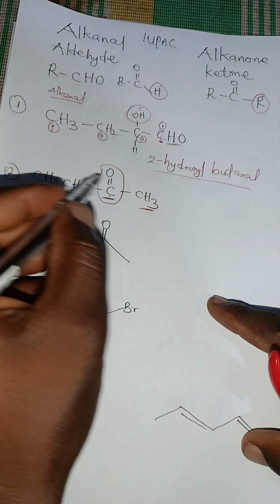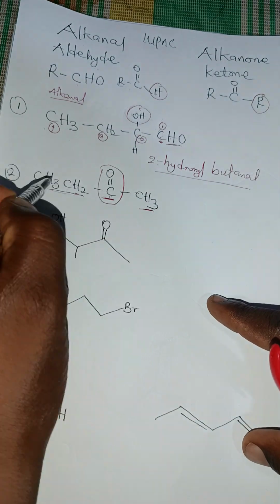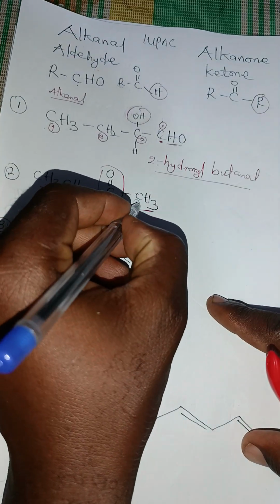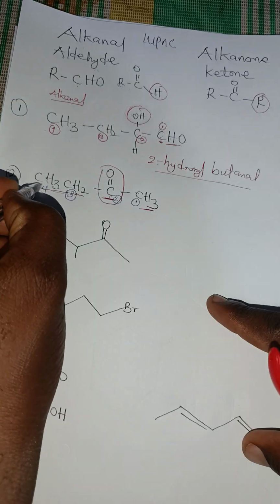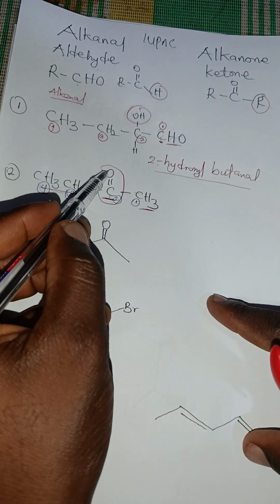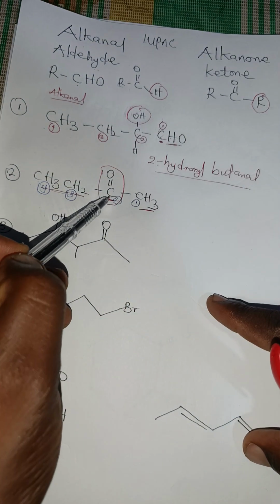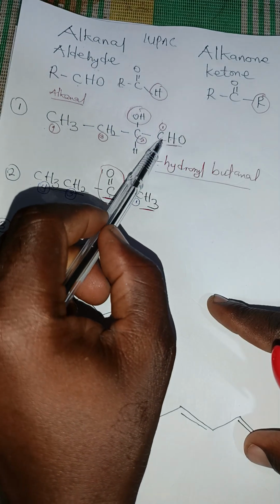If I count 1, 2, 3, 4, this will be in position number 3 if I count from here. But if I count from the other end, 1, 2, then 3, then 4, our functional group is in position number 2. This is alkanone. In alkanone, we don't count from the carbon of the functional group. But in alkanal, we count from the carbon of the functional group.